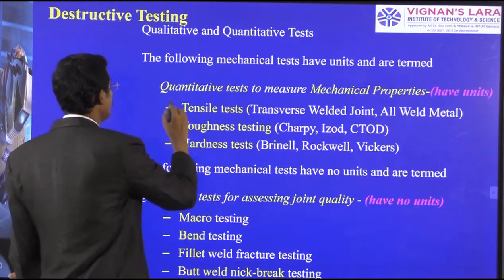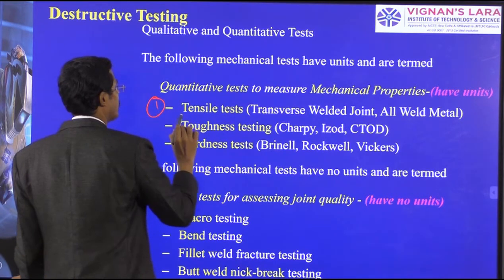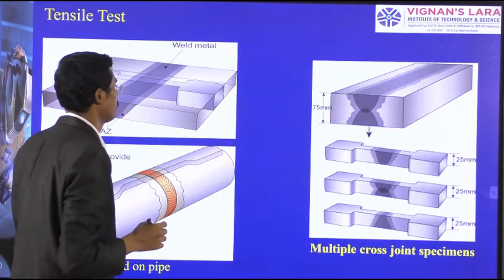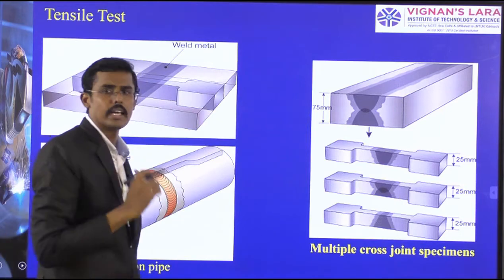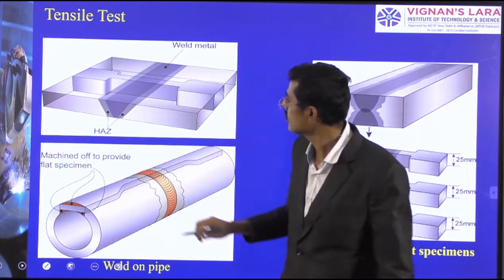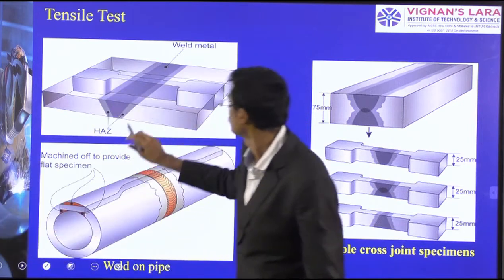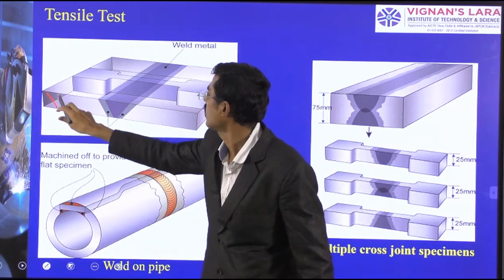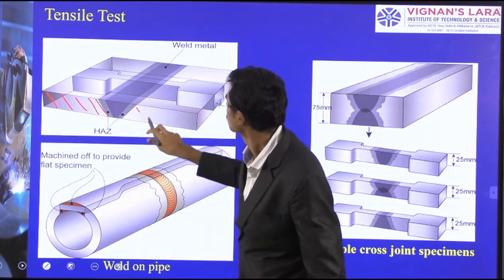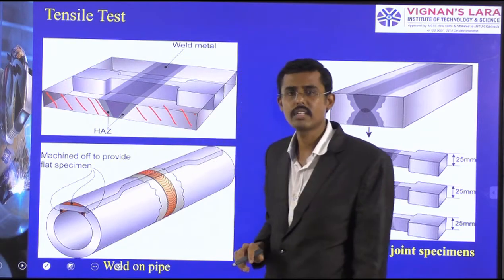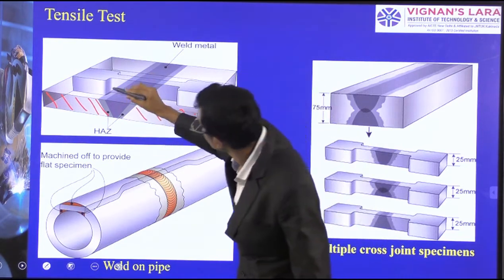Now we enter into number 1, the tensile test, and how it is classified. As I told earlier, this is the specimen we have taken. See, this is the workpiece available in our hands. I have taken a cutting of this zone.